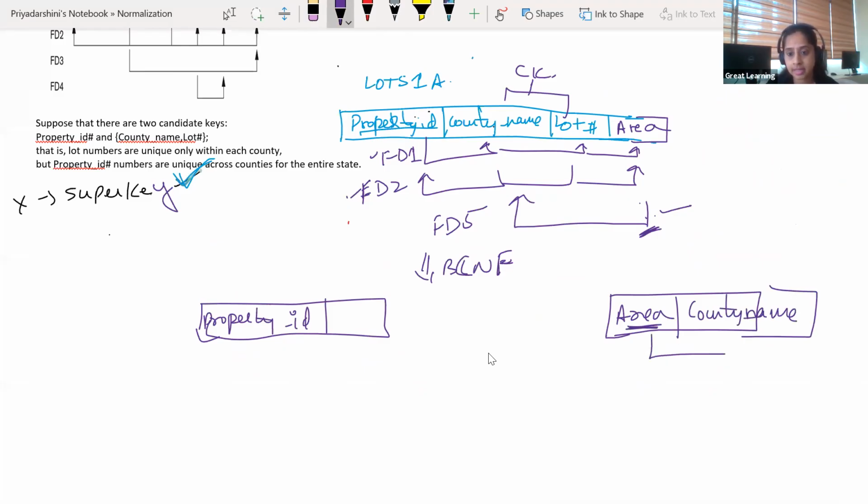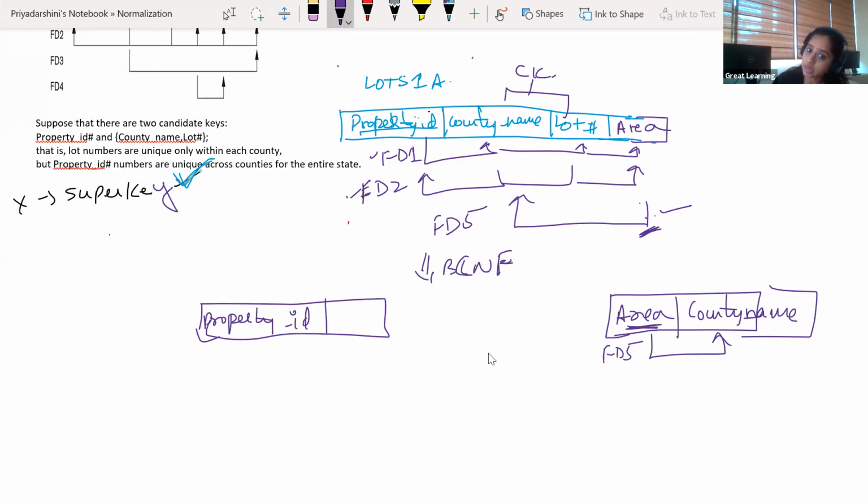Area is a primary key. This is my FD5. Area should be there in lots 1a. Then what should you remove? If I keep county name in lots 1a, it is redundant. So I should remove county name.